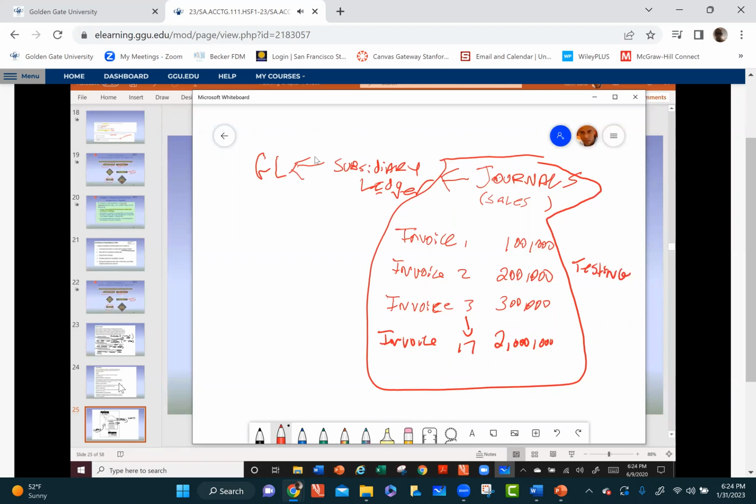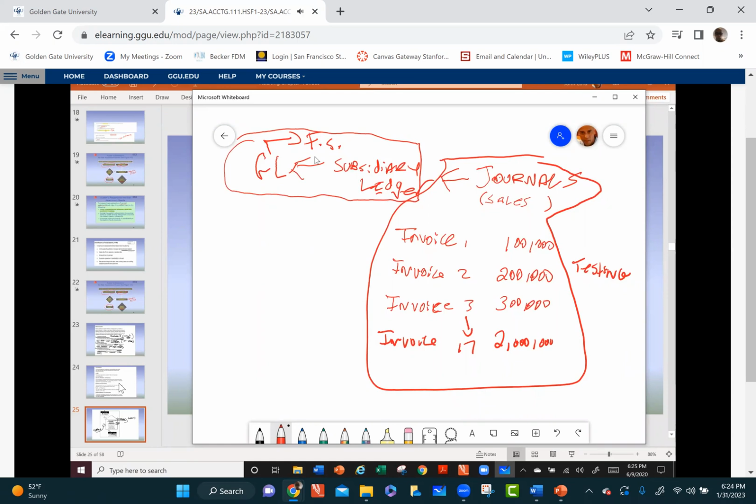Even though the GL, of course, better feed into the financial statements, the subsidiary ledger feeds into the GL, and the journals should feed into my level of detail here at the subsidiary ledger. So what the auditor would do is an initial procedure to make sure that all of this matches. If they're saying $10 million for assets, there better be an account balance in the general ledger that says $10 million.